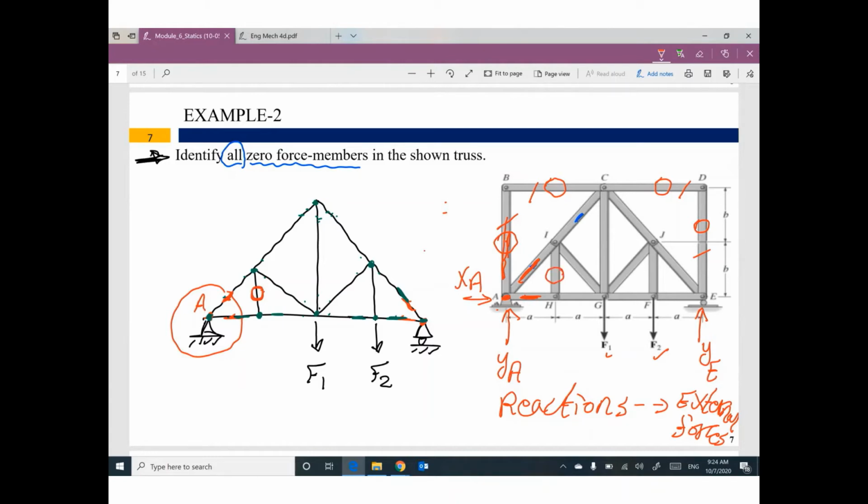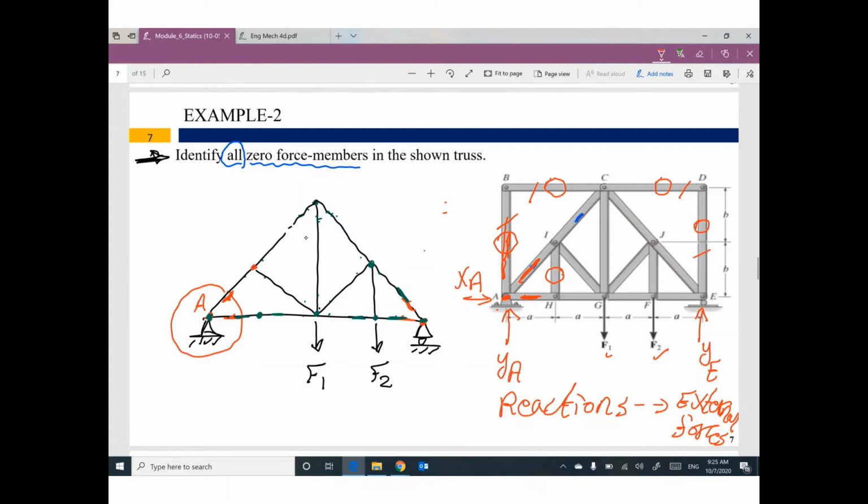If your member is 0, I can delete it. Once you delete this member HI, please go ahead and check this joint one more time.